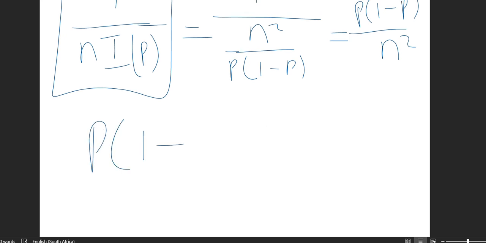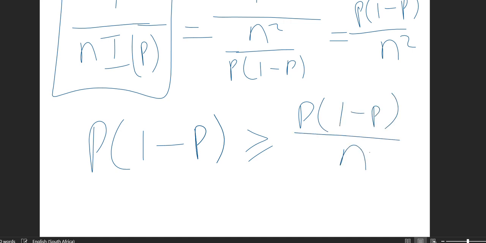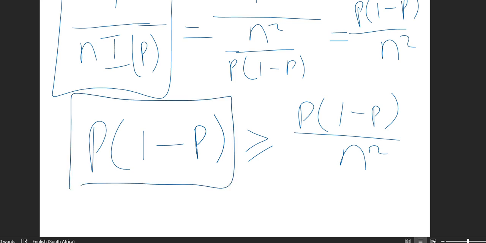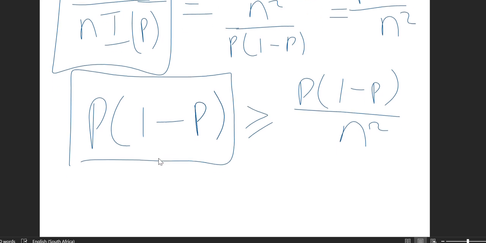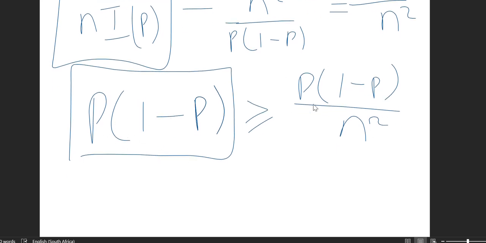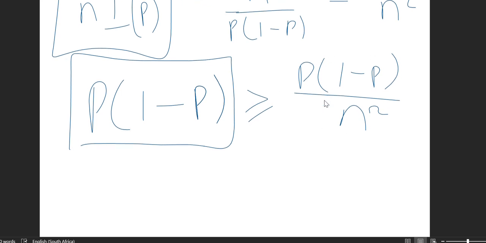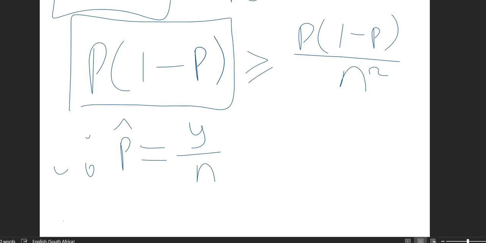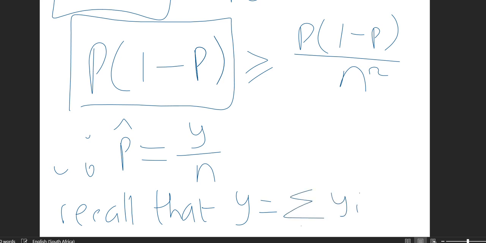Now p into 1 minus p, if we check this, if we compare this, the variance of our MLE is quite greater than the asymptotic variance, then we can conclude that p hat equals y divided by n, and recall that y is equal to the sum of your yi's, i equals 1 till n.